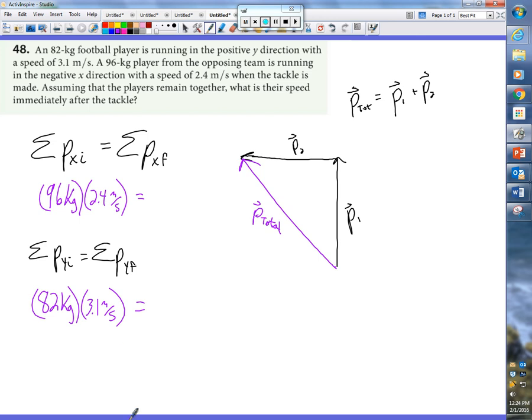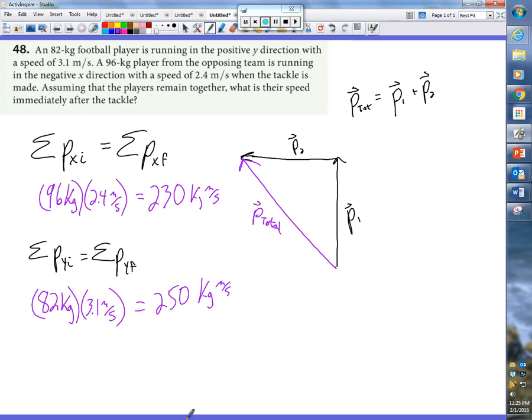So the answers of these two equations are going to be the total momentum in the x and the total momentum in the y. 96 times 2.4 is about 230.4, we'll just say 230 for sig figs there. 230 kilogram meters per second, and 82 times 3.1, about 254.2, or to sig figs, you should get 250 kilogram meters per second.